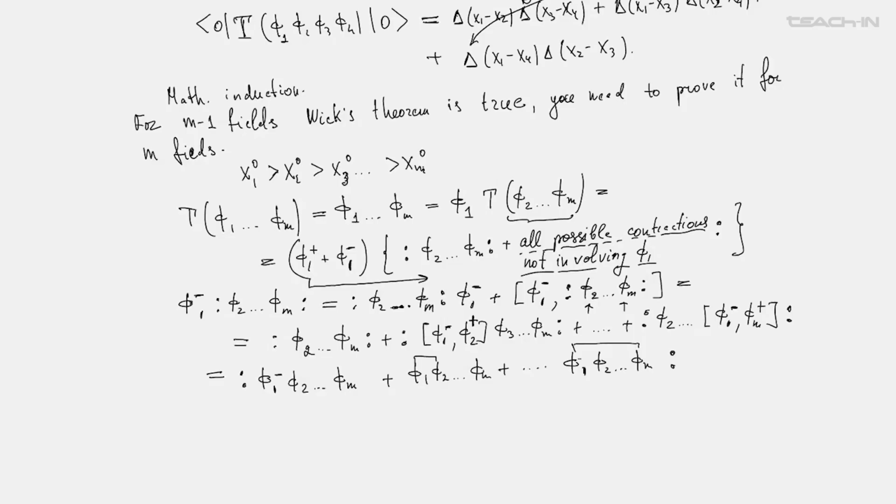And so at the end, you will produce all possible terms involving a single contraction of phi 1 with one of these fields. In other words, doing this with all the terms, you eventually get all possible contractions of all the fields, including phi 1, meaning that by this you just finish the induction step and you prove that the Wick theorem works for m fields if it works for m minus 1 fields.